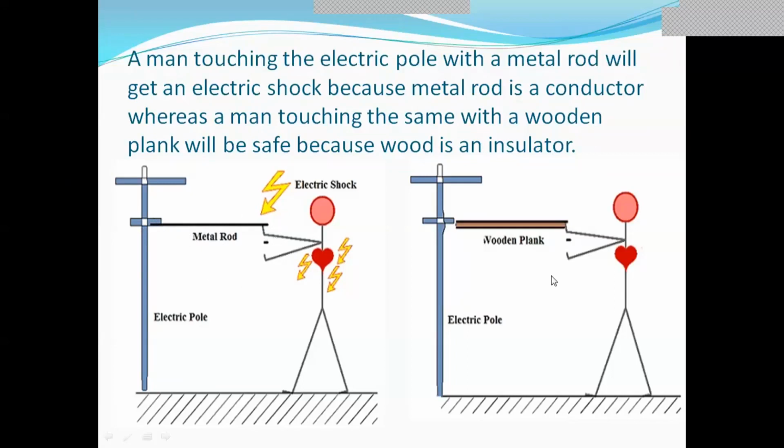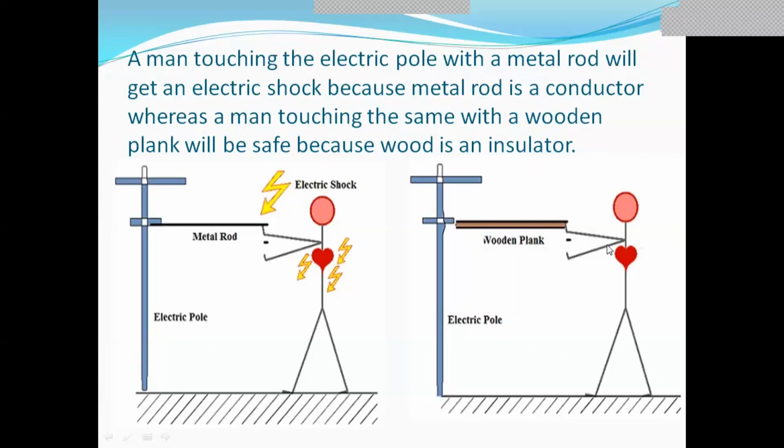In the second picture, you can see the person touching the electric pole with the help of a wooden plank. This wooden plank is a bad conductor of electricity, or we can say an insulator. Wood is an insulator, so it doesn't allow electric flow to pass through it.